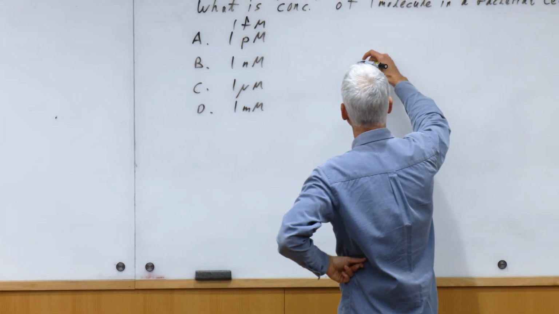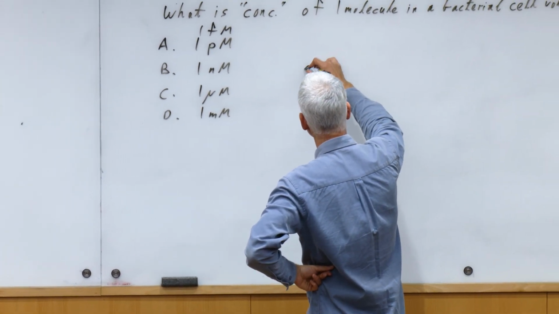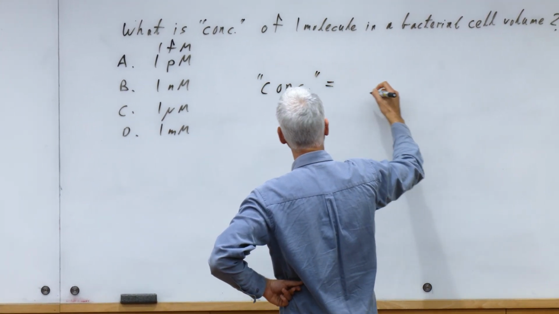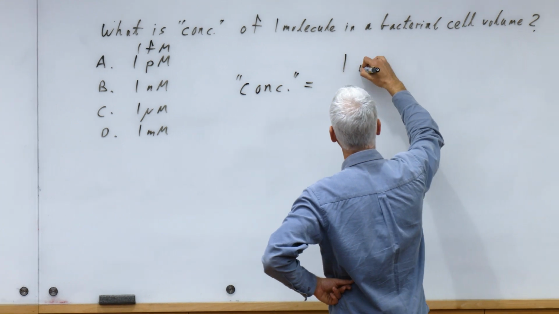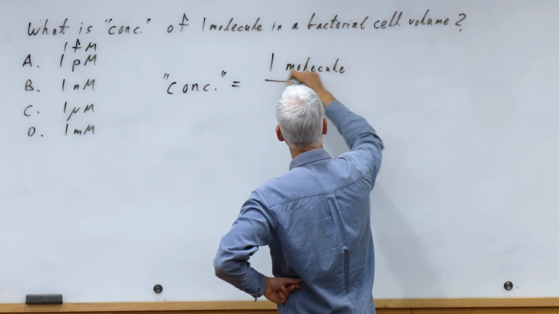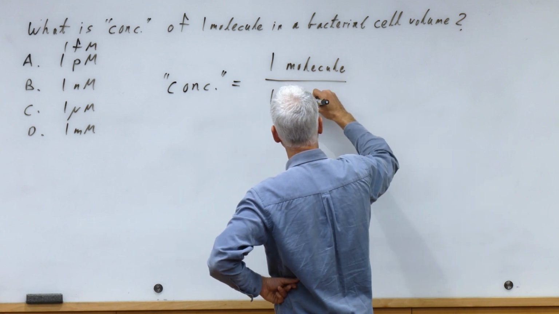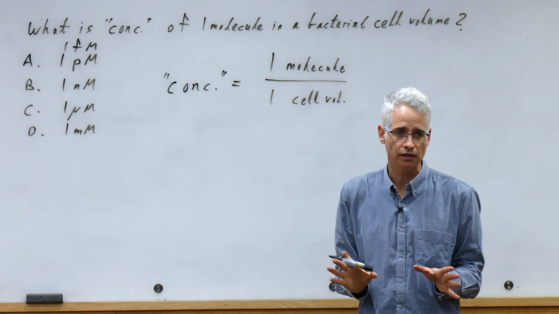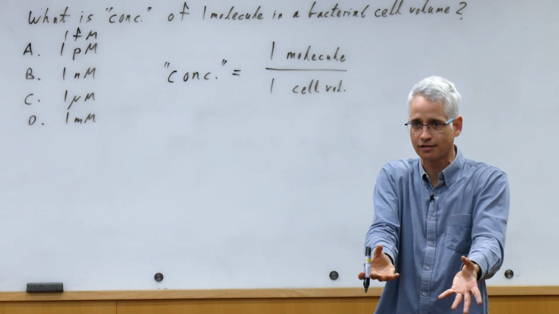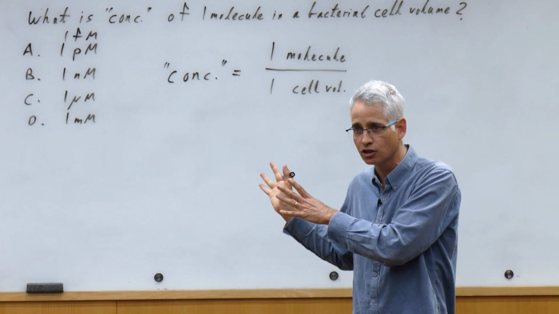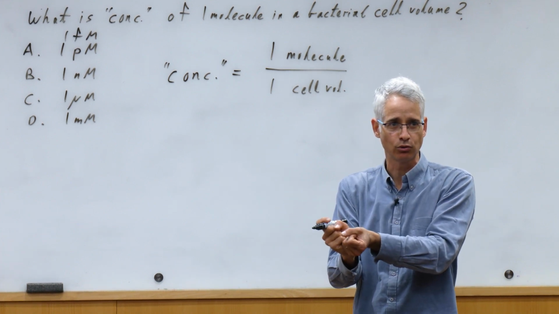I know that my concentration is equal to 1 molecule per 1 cell volume. Okay, that's not too difficult. It's just stating the question as an equation. Strange equation, but still something you can work with.